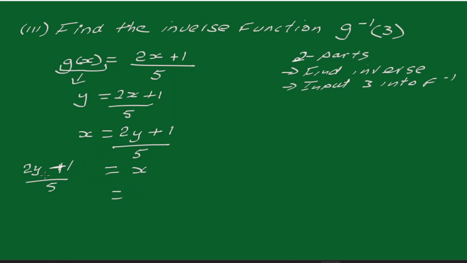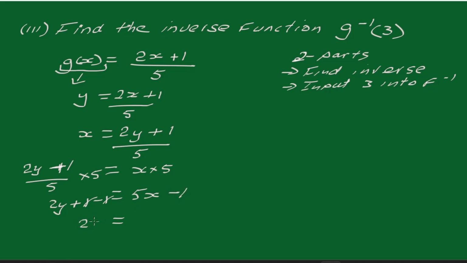After having done that, I need to make y the subject of the formula. So I need to get rid of this 5, the positive 1 and the 2. I'll start by getting rid of the denominator first by multiplying by 5 on both sides. That will get rid of the denominator. Now I have 2y plus 1 equals 5x. Having done that, I get rid of the 1 by subtracting 1 on both sides.